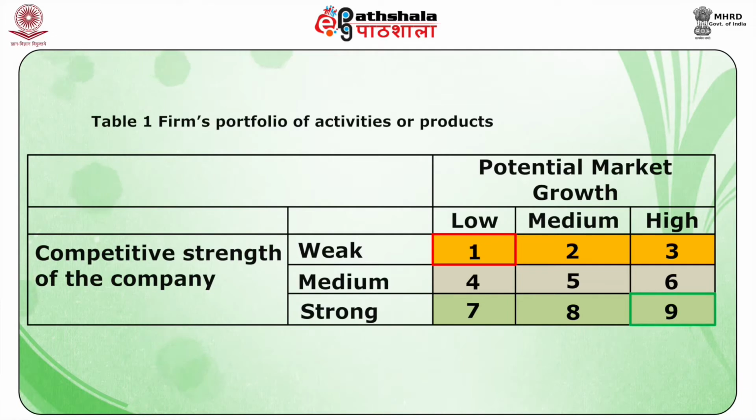In the case of low growth sectors represented by boxes 1, 4 and 7, firms should continue to stay in the low growth market, that is box 7, where the firm is strongly competitive, but may try to avoid boxes 1 and 4.